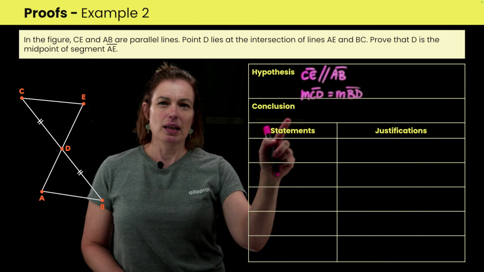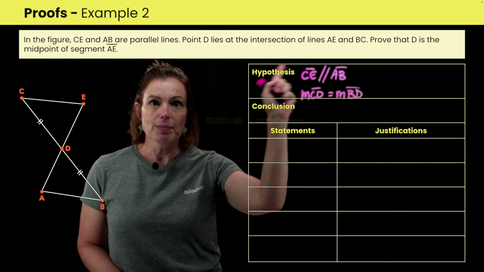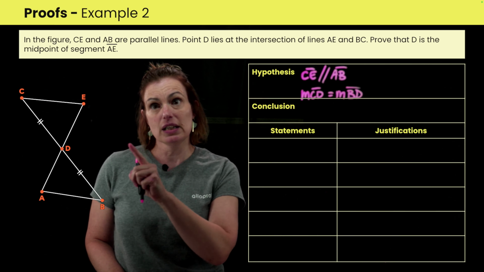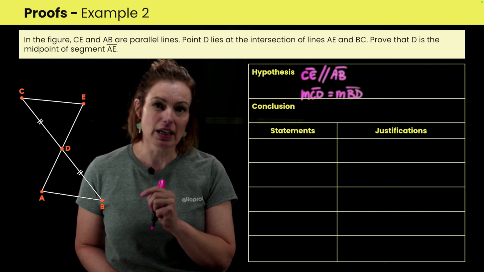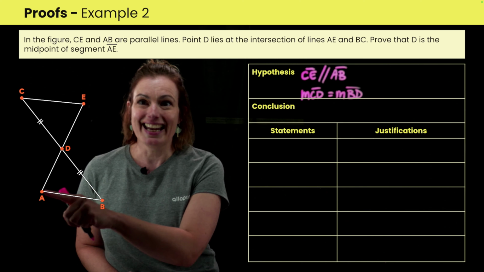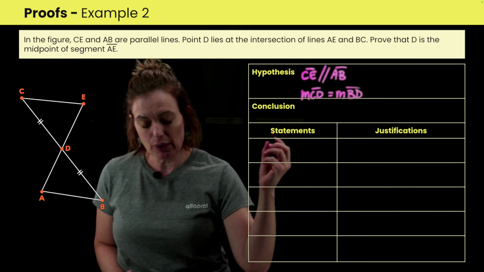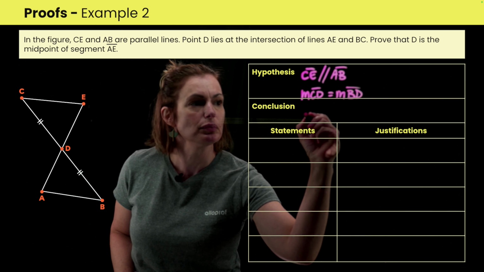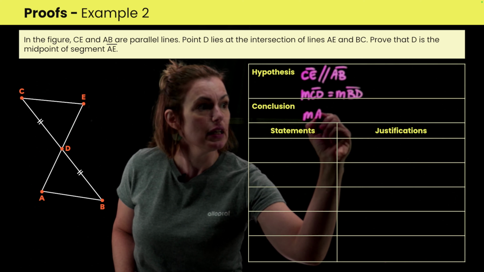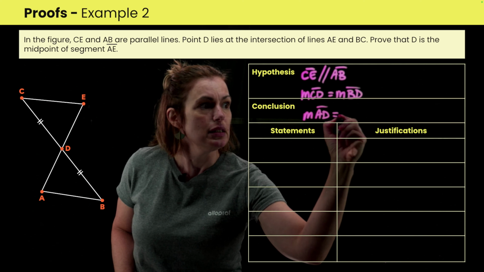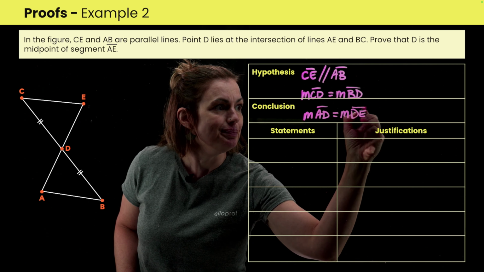All right, now for the conclusion. The conclusion is what I'm trying to prove. And my problem states that I want to prove that D is the midpoint of segment AE. In other words, I need to conclude that the segment AD is equal to the segment DE. So I'm going to write that right here as my conclusion. Measure of AD is equal to the measure of DE.